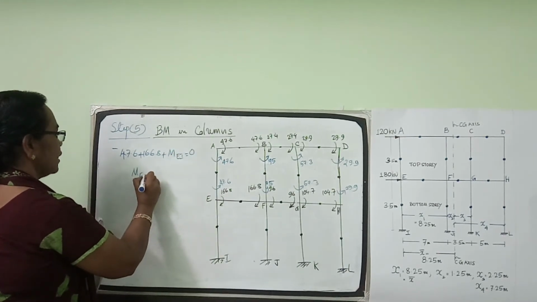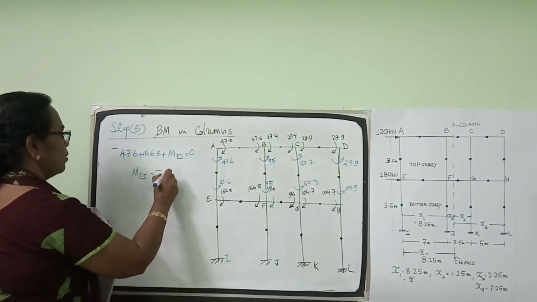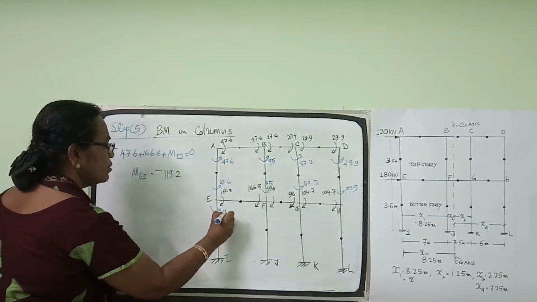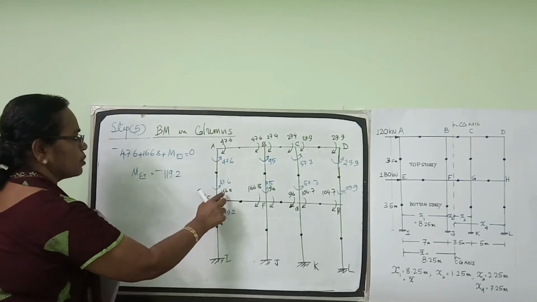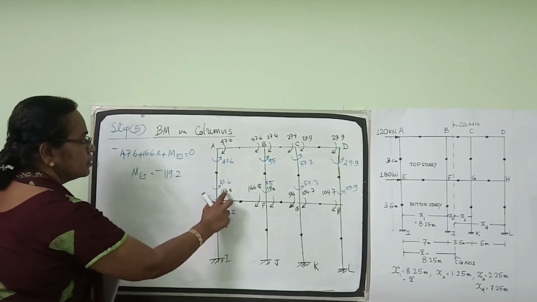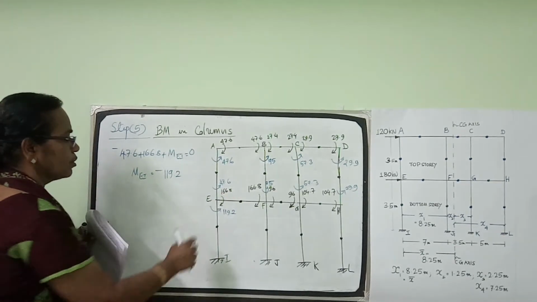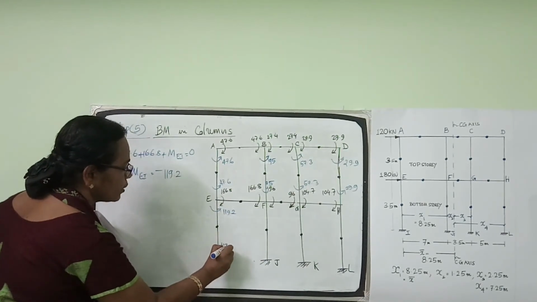From that we get MEI is equal to minus 119.2. So this is anti-clockwise 119.2. So 119.2 plus 47.6 is 166.8. So this beam moment and these two column moments should add up to 0. This is 119.2 here, here also 119.2.